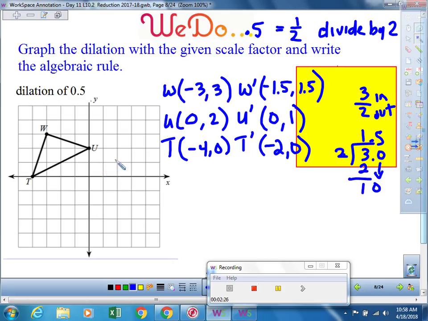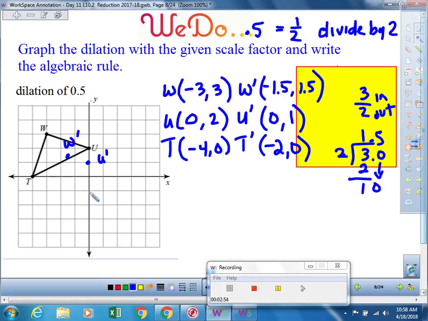Now, we're working in reductions, so what should this figure be? Smaller. So -1, and then you go a half, and then up 1.5. So you should be in the middle of this box. And that's W prime. Over 0, up 1.